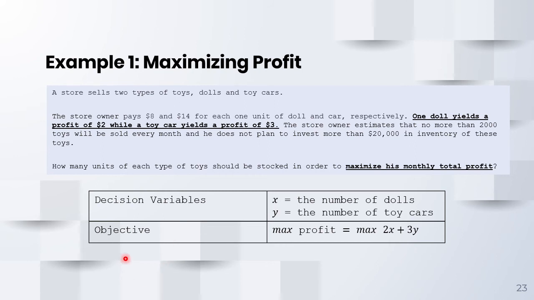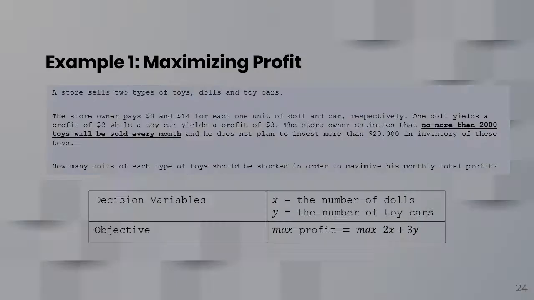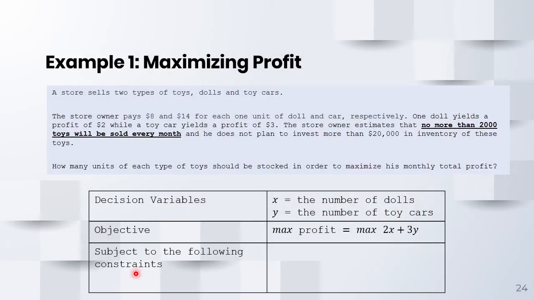Now finally, we will determine the constraints. For our constraints, let's take a look at this line. According to this line, no more than 2,000 toys will be sold every month.